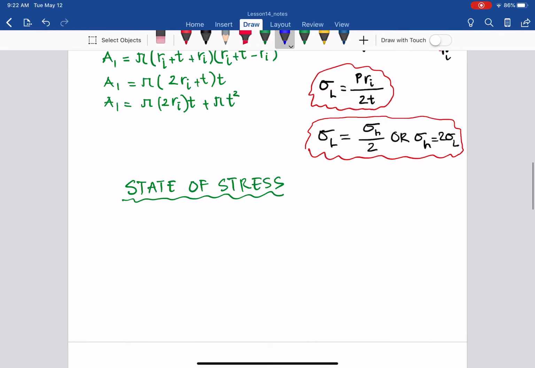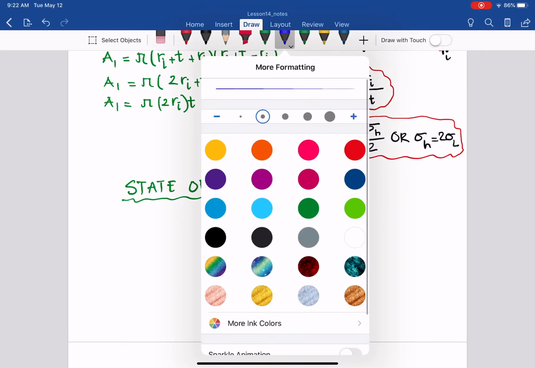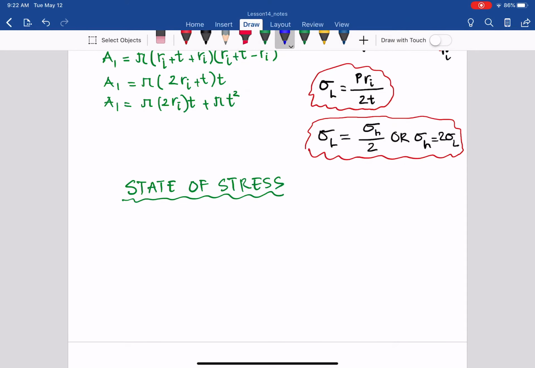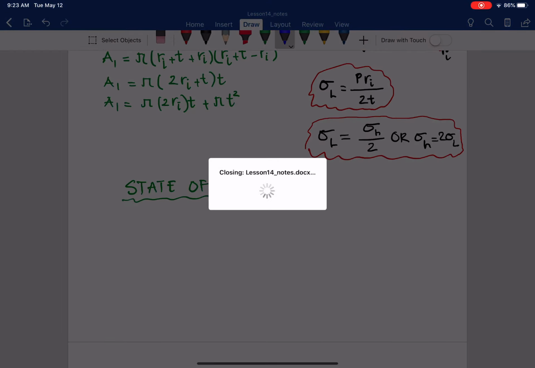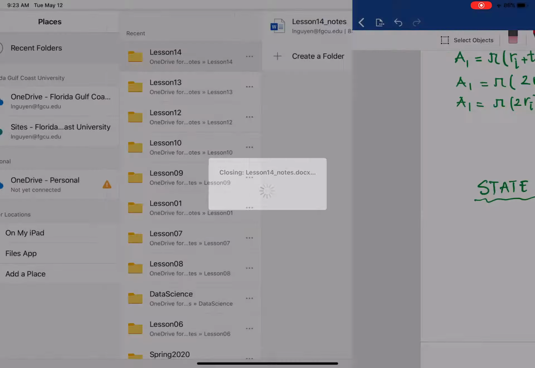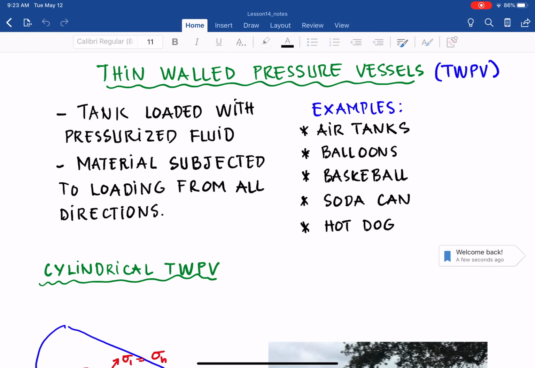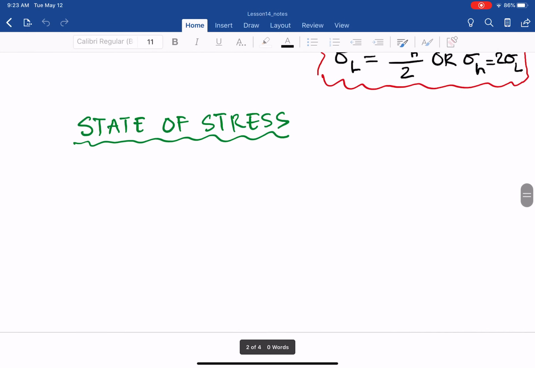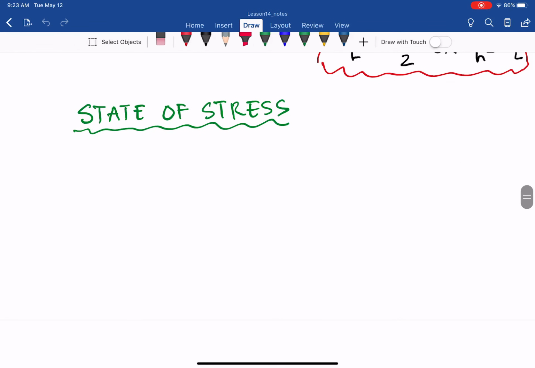Basically, we draw a block, a point on the body. Basically, it represents a square.